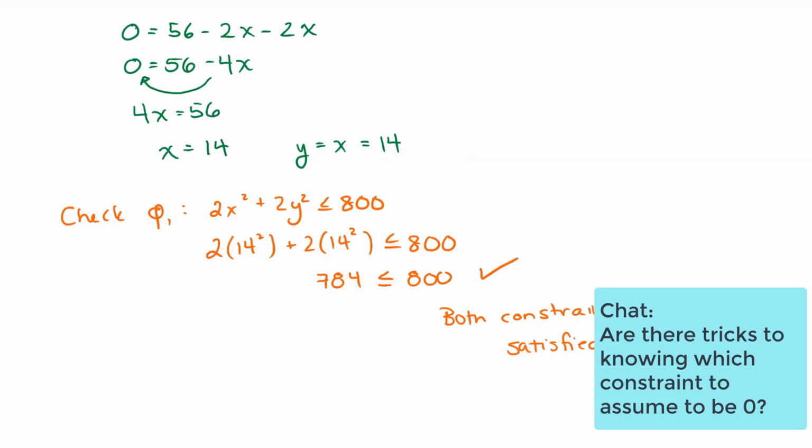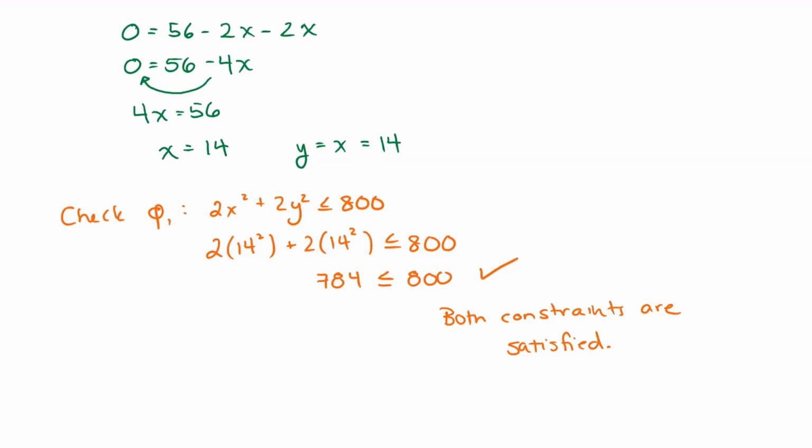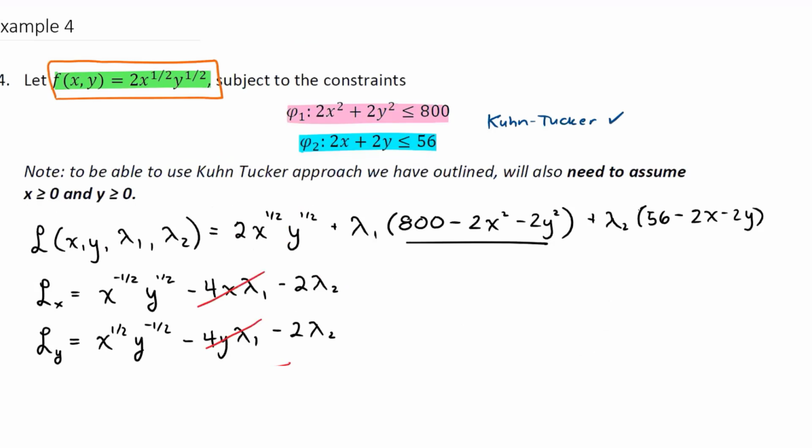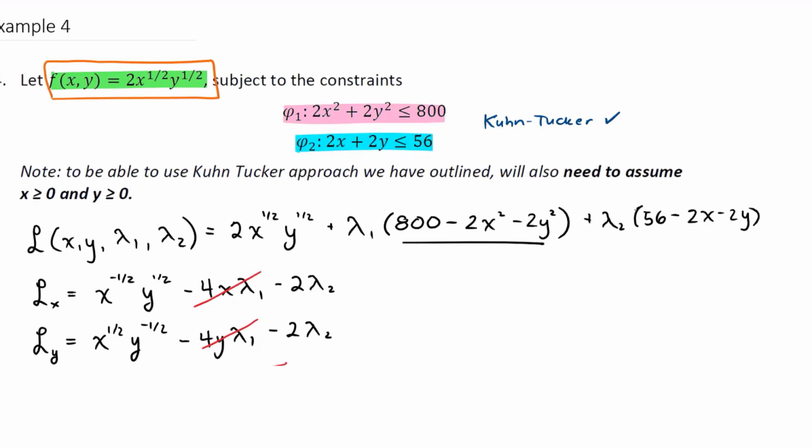In answer to your question, knowing which constraints are to be assumed to be 0, sometimes a good way is to look at the function itself. So when you look at a function and you see that it's weighted towards one variable. In this question, x and y are evenly weighted in our function.